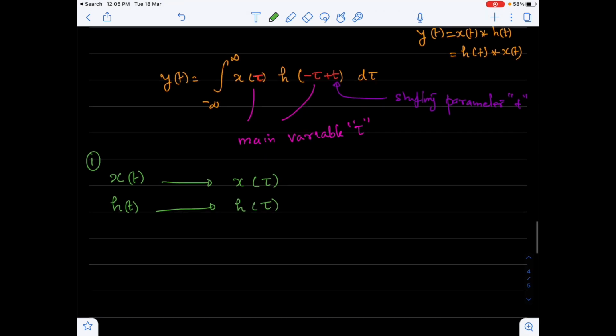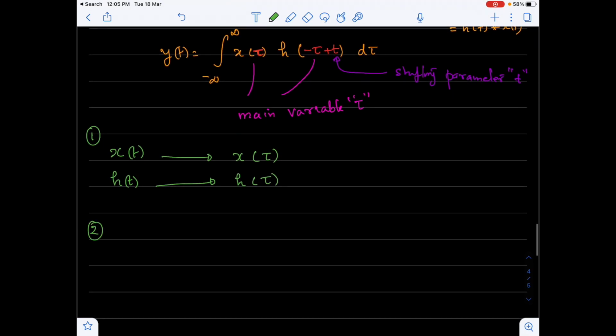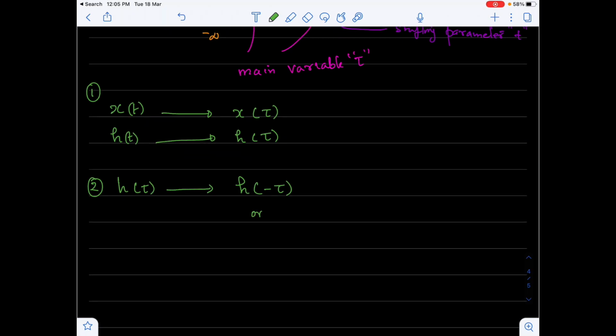After that, as a second step, you will change h of tau into h of minus tau, or in general h of minus tau plus t, which is the shift. But in this case you can write it as h of minus tau plus t with t equal to 0, the shift is equal to 0. So this is what we are going to find.